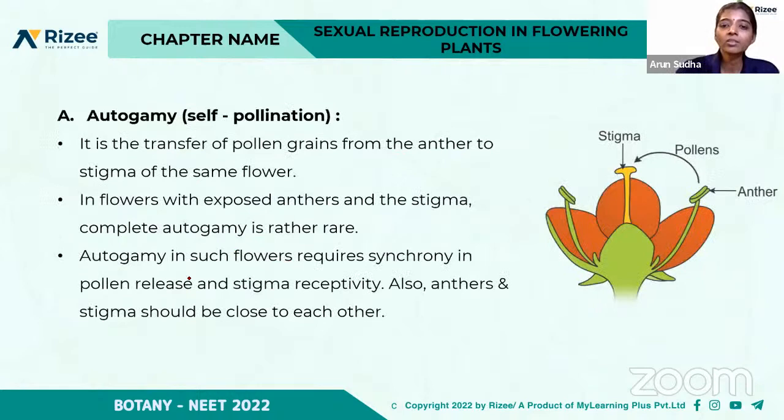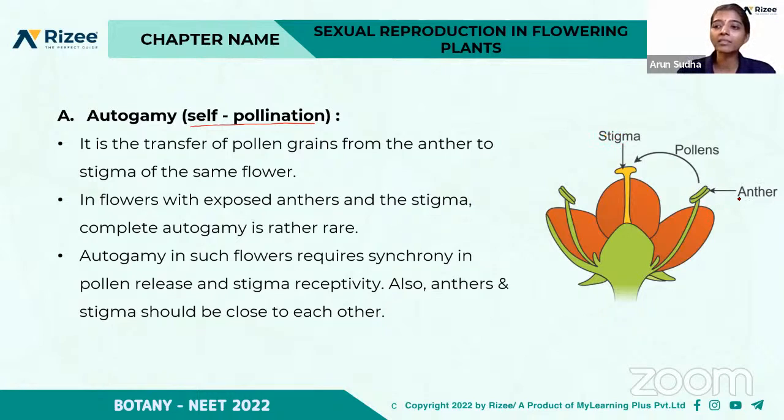Okay. The first one is autogamy or self-pollination. What do you mean by the term self-pollination? That is, the transfer is within the flower, right? This is the structure of the flower. This is the stigma, the female reproductive part, the pistil, and this is the male reproductive part, the anther, and this is the filament, right? So what is happening in autogamy?